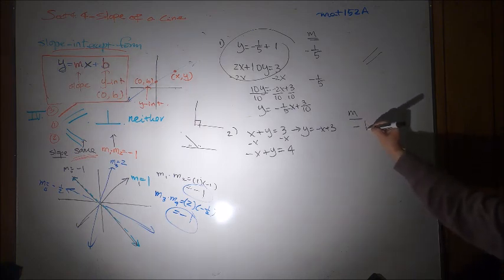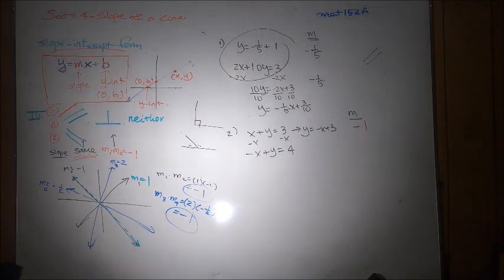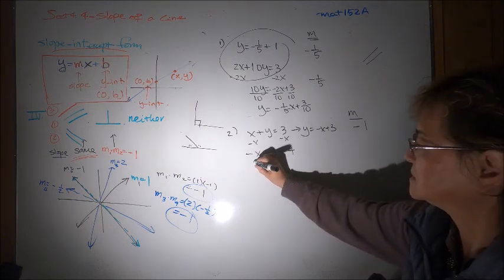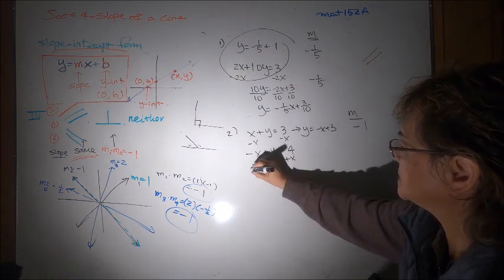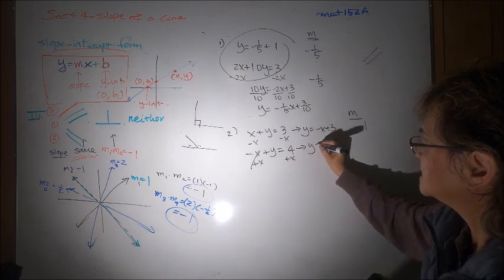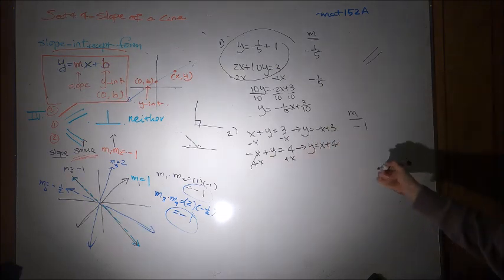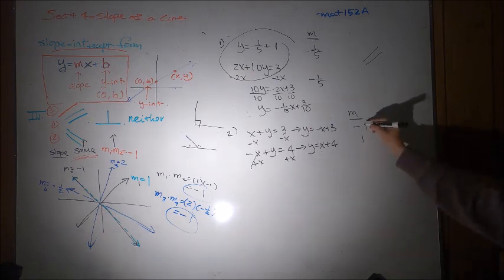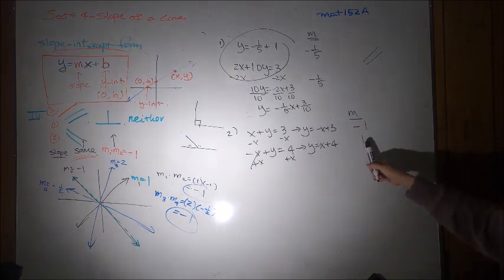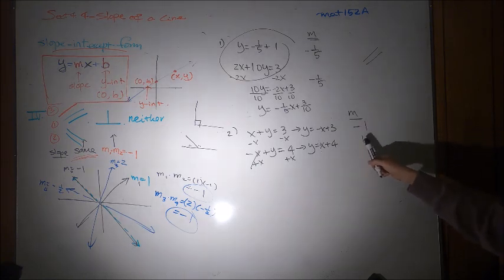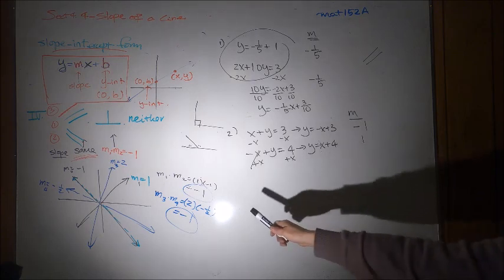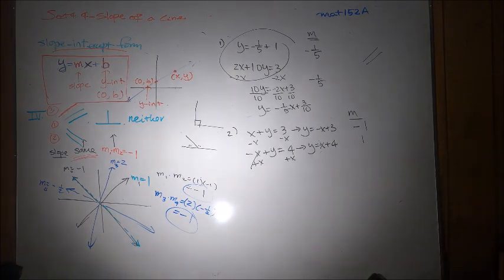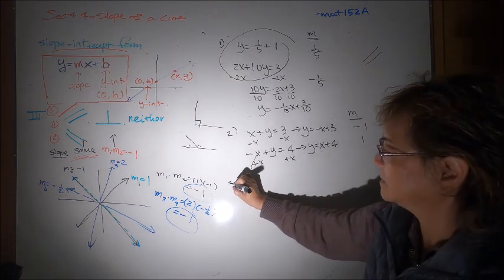So your slope is what? -1, right? Then change the second to slope-intercept form. So y is what? x plus 4. What's your slope? The coefficient in front of x, 1. So what do you think? Are they parallel? They are not the same, so not parallel. But when you multiply them together, do you get -1? So they are what? Perpendicular, right?